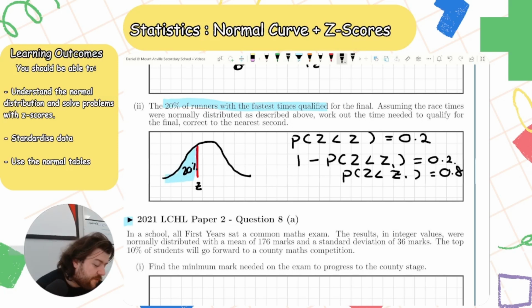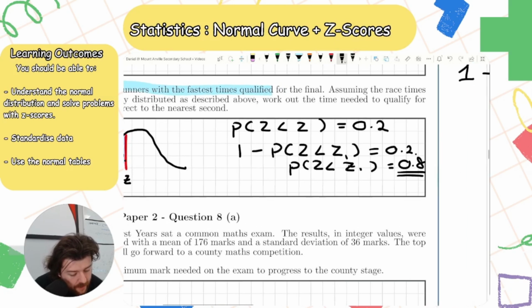So if you reverse look this up on the table, we want to find out the Z score that gives 0.8.